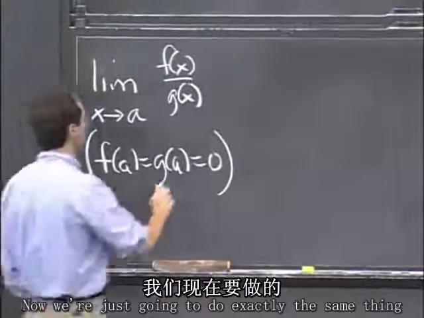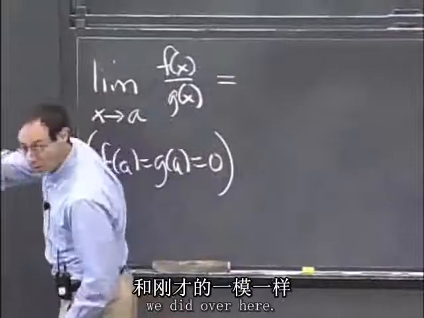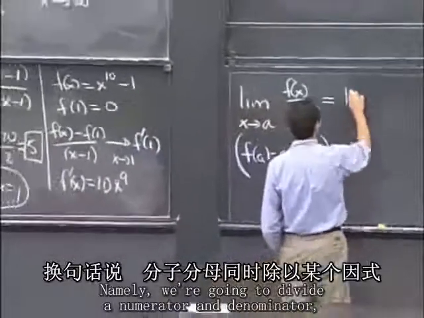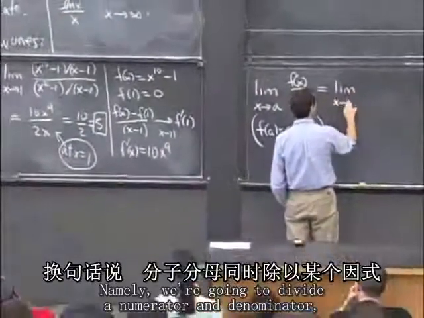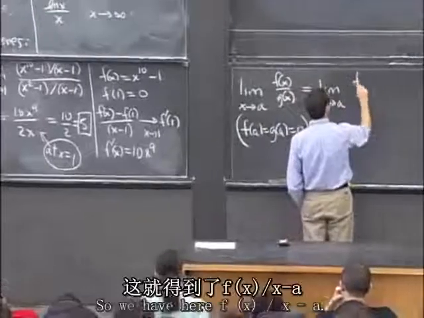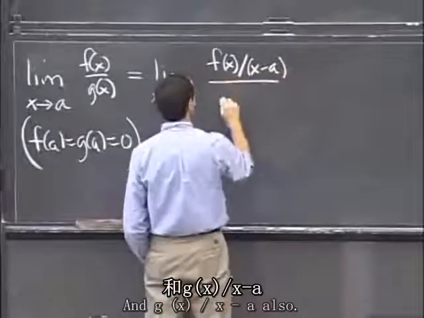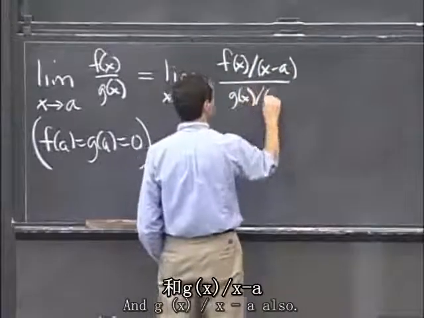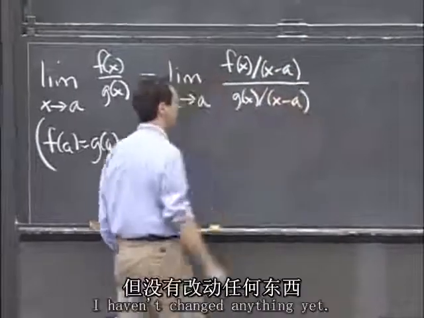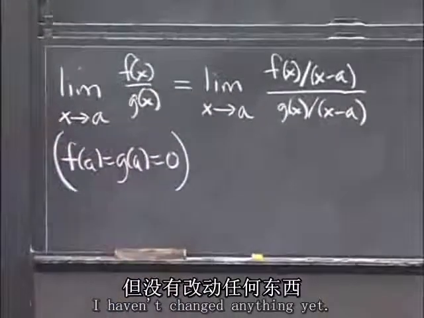Now we're just going to do exactly the same thing we did over here. Namely, we're going to divide in numerator and denominator, and we're going to repeat that argument. So we have here f of x divided by x minus a, and g of x divided by x minus a also. All right, I haven't changed anything yet.